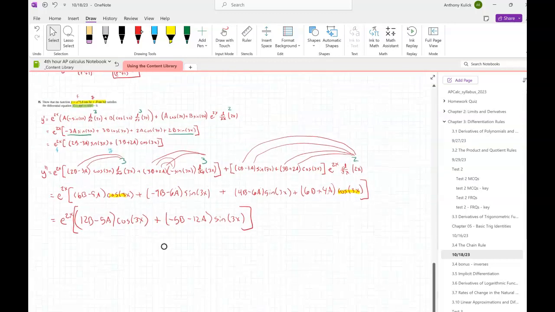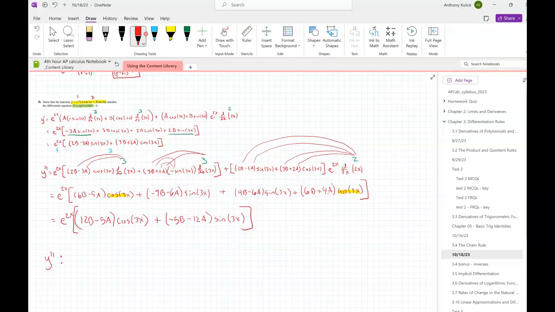All right. Now if I look at the green thing, that's the second derivative. I'm going to multiply this all out. So I'm going to distribute the 2e to the x in, and then the cosine through here.